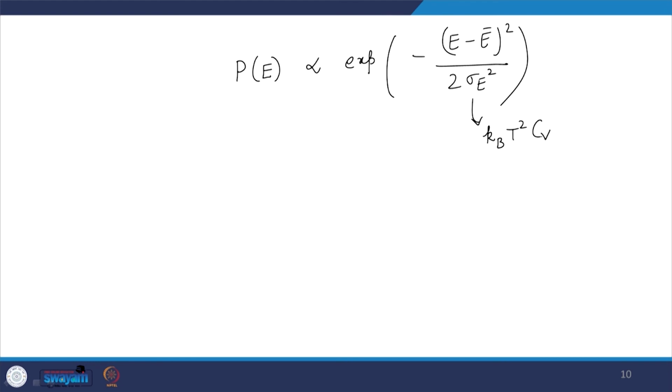That itself means that the specific heat does affect the distribution, but the magnitude of that in comparison to the average energy decreases as the number of molecules increases in the particular system.